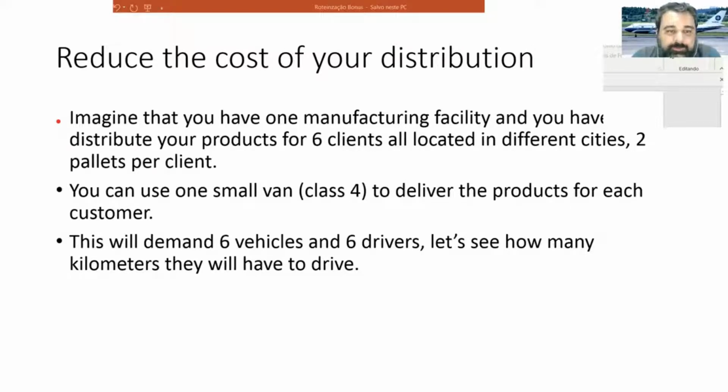You could use a small van, a class 4 vehicle, to deliver these products to each customer. It would demand 6 vehicles, 6 drivers, and I will show you how many kilometers you'll have to drive. In my opinion, this is a huge waste, so you shouldn't do that.